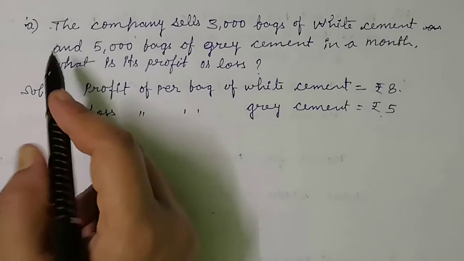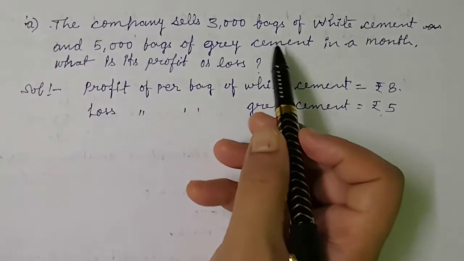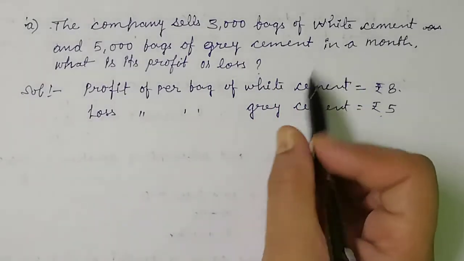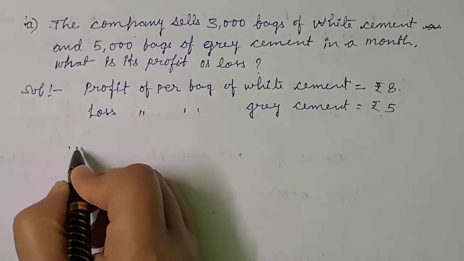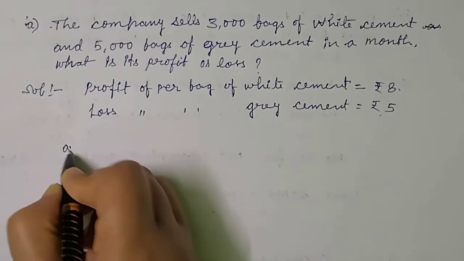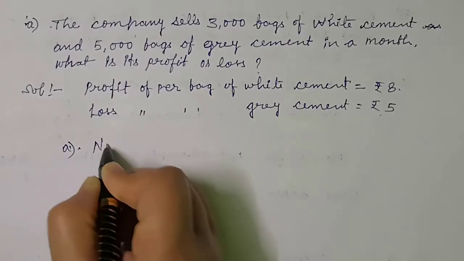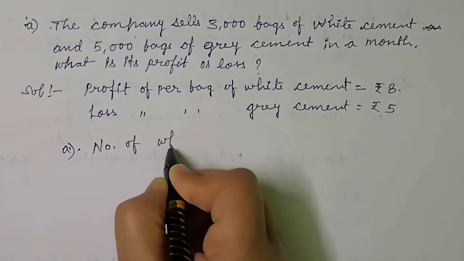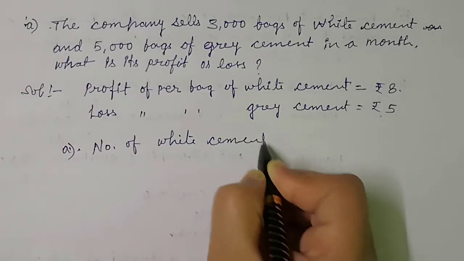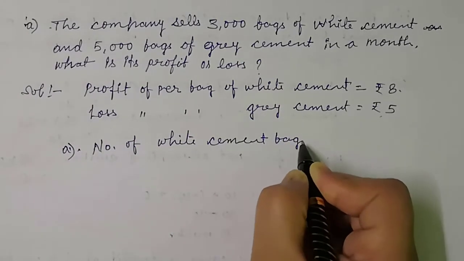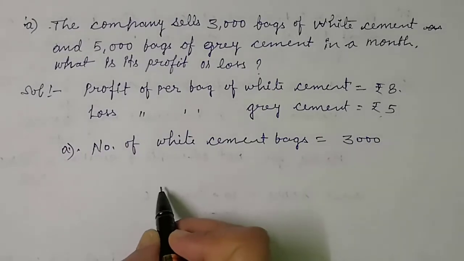Now see the question. The cement company sells 3,000 bags of white cement. Here we'll write for question A the number of white cement bags, which is equal to 3000.